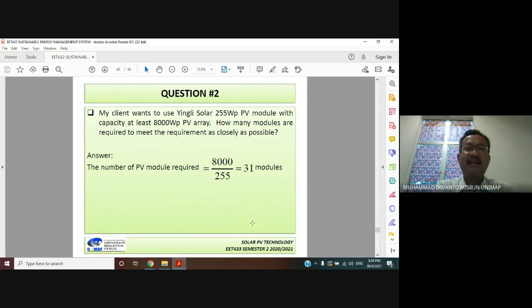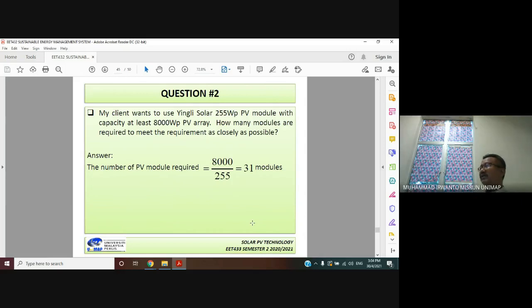Example 2. My client wants to use the Yingli Solar 255 watt peak PV module with capacity at least 8,000 watt PV array. How many modules are required to meet the requirement as closely as possible?